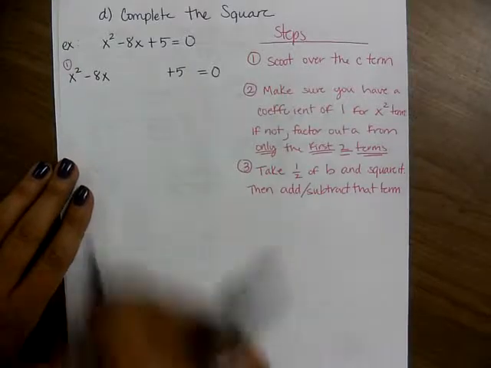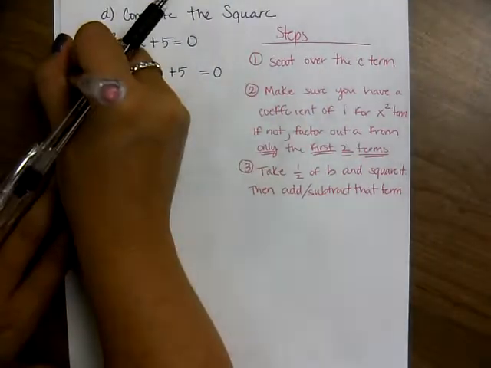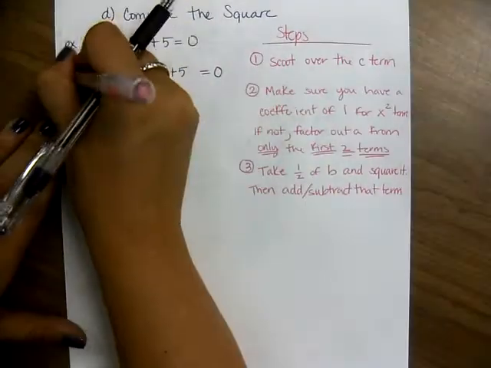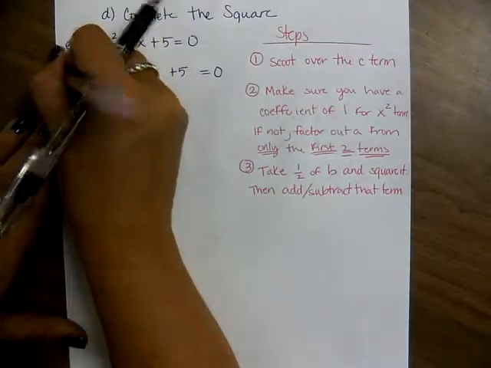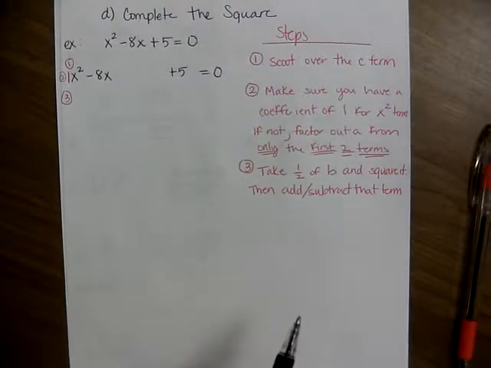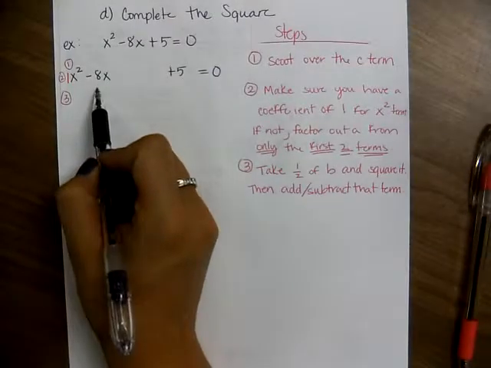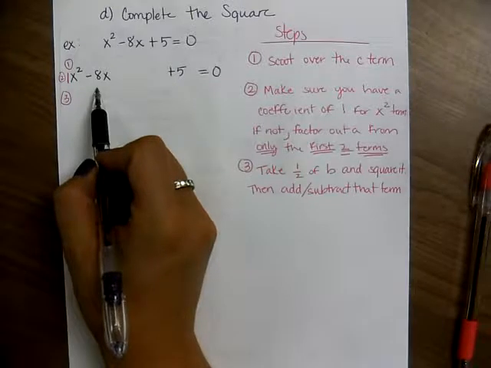Okay, so let's label this step 3. You could put a 2 here as well if you wanted to, or maybe just draw 1 and then label it step 2 so you know that you didn't have anything to do there. So step 3 says, now that you have a coefficient of 1 for A, you need to take half of B. So when I take half of negative 8, I get negative 4, right? I have to square it, and I have to add and subtract it.